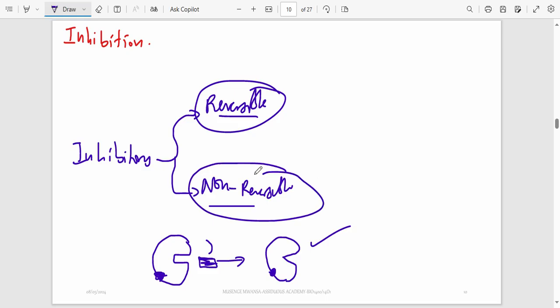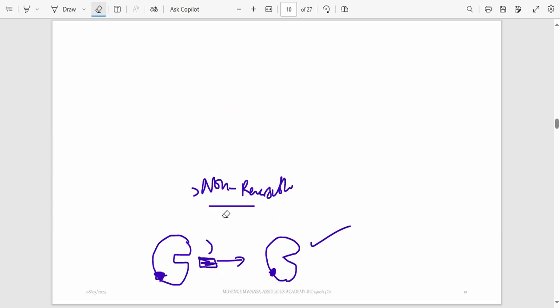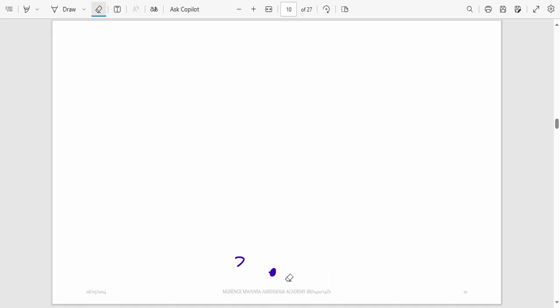But non-reversible is where the inhibitor just binds and there is nothing that you can do. The enzyme is destroyed like that and can no longer speed up the reaction. That is non-reversible. Now, these inhibitors can also be competitive or non-competitive.